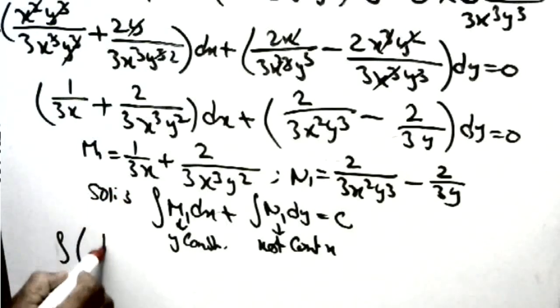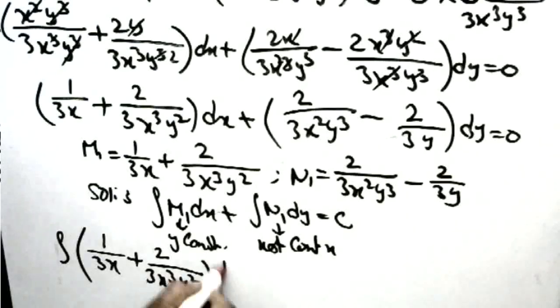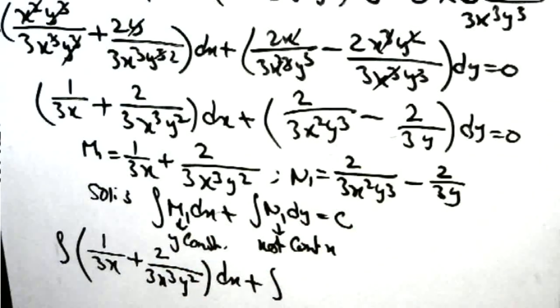Integration of m1, the value of m1 is 1 divided by 3x plus 2 divided by 3x cube y square, dx, plus, in n1 we do not write the term which contains x. So what is left here? We are left with minus 2 by 3y dy equals c.